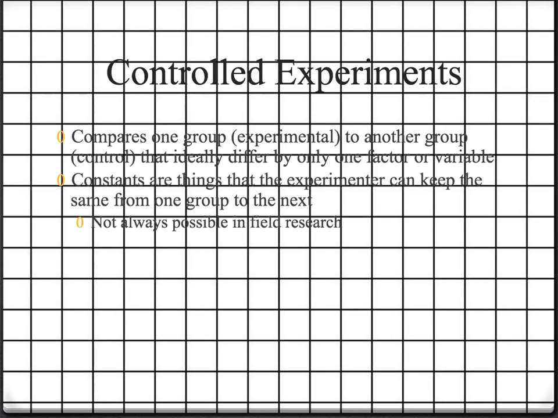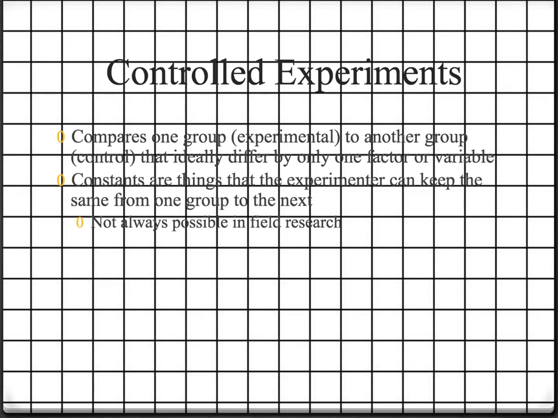What usually people are talking about when they say controls, they should be referring to things called constants. These are things that the experimenter is going to try their best to keep the same from one group to the next. You don't want to test a hair growth serum on 40-year-old men and have your other group be 20-year-old men, because there are going to be some differences between those two.